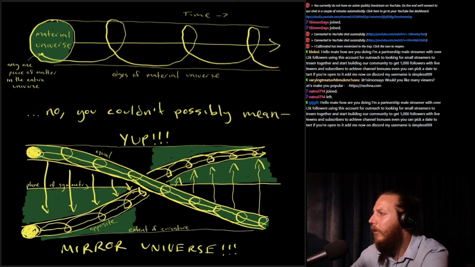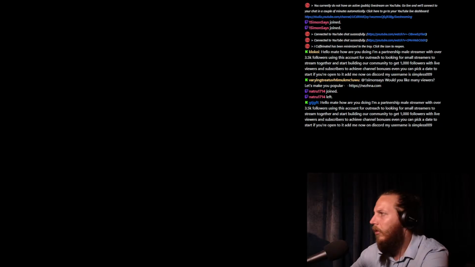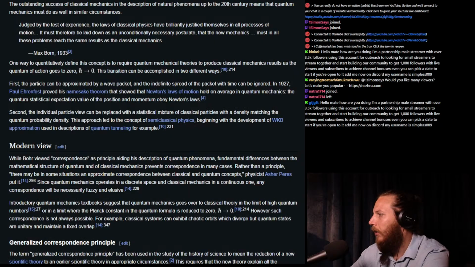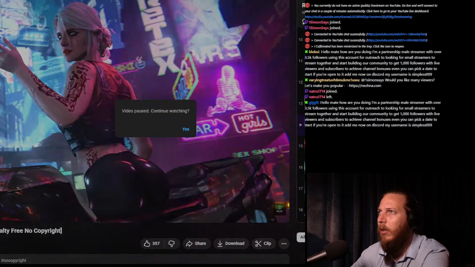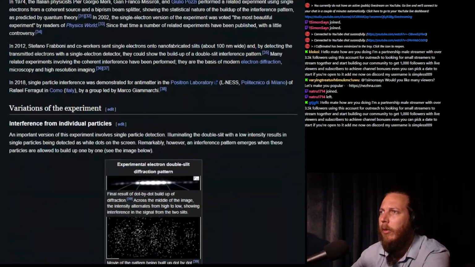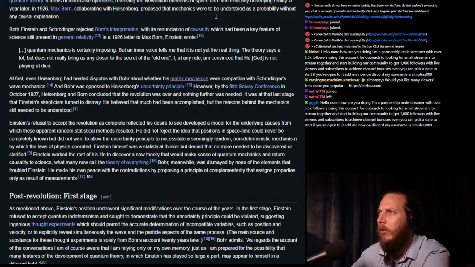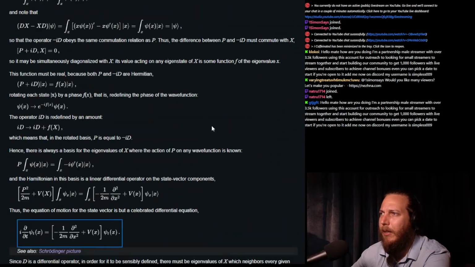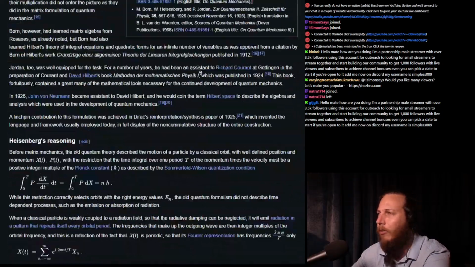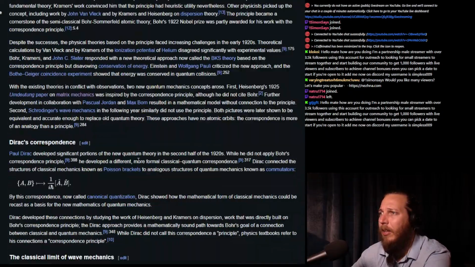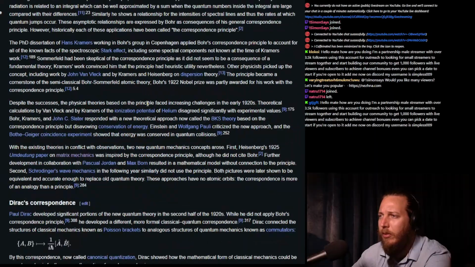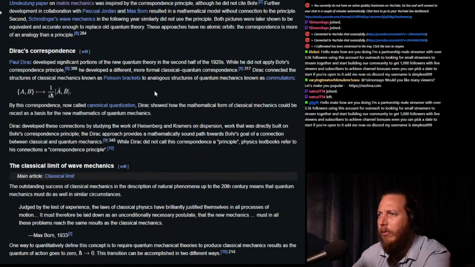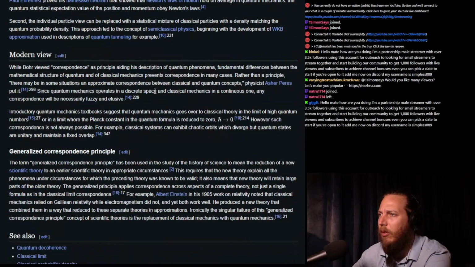And we investigated, bring it back up, the double slit experiment, the Bohr-Einstein debates, matrix mechanics, which I largely did not understand, and correspondence theory, which is simple in premise but difficult in execution.